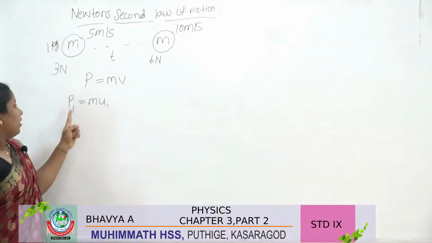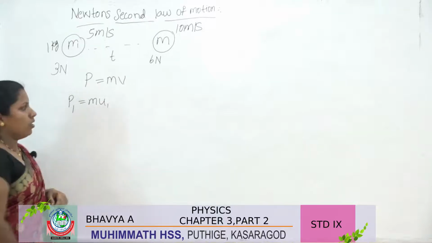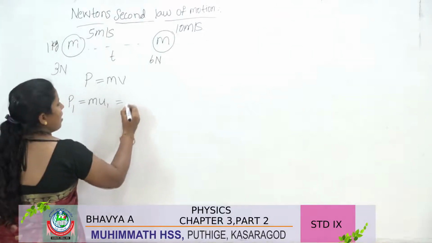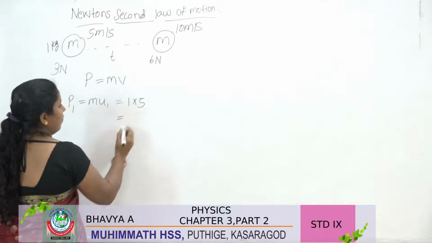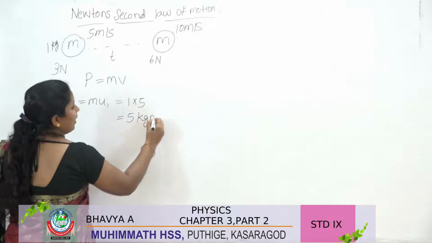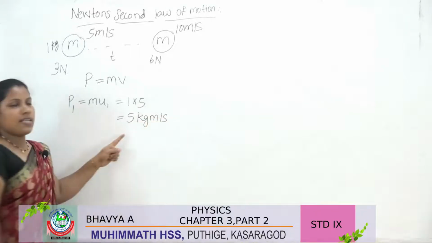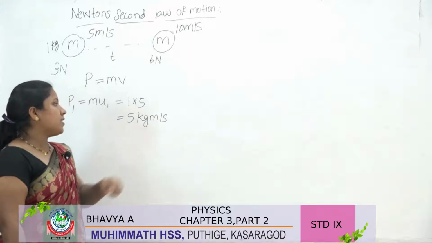So the initial momentum is P1 is equal to m u1, which is 1 into 5. So you get a momentum of 5 kg meter per second. You studied the unit of momentum in the previous class: the momentum unit is kg meter per second.